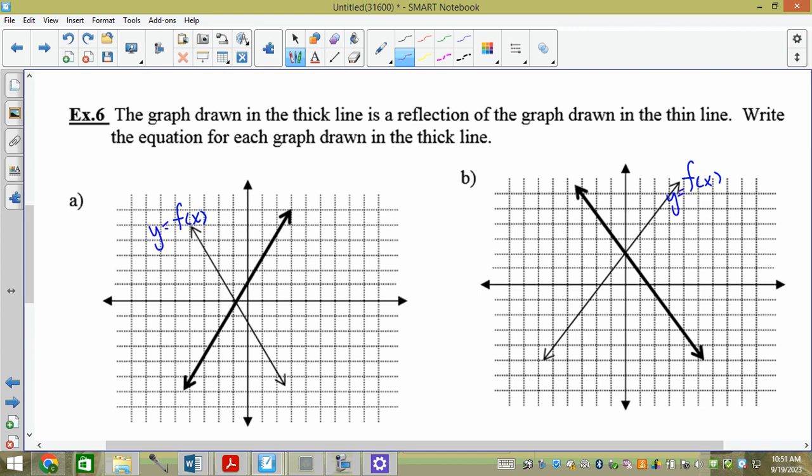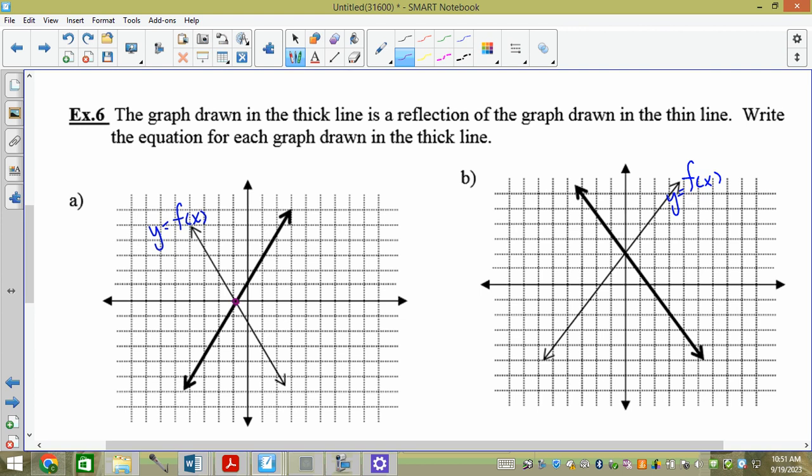Now some people say, I don't know where it's being reflected. If it is being reflected in one way, always look for where the invariant points happen. So for this particular graph, where is the point staying the same? On the x-axis.